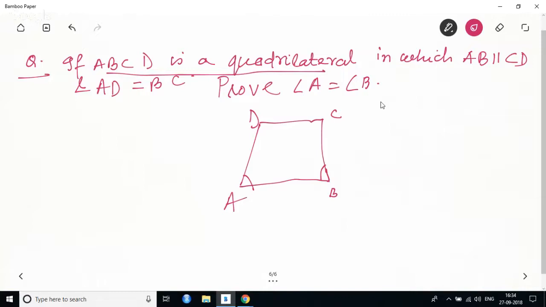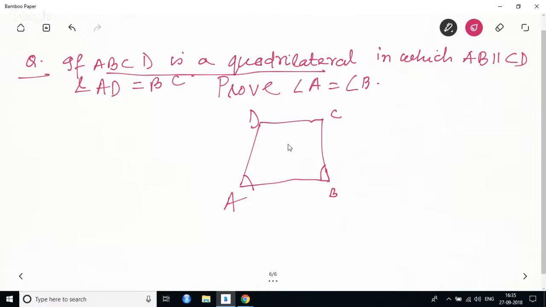Now, how do you prove two angles are equal? Do we need to prove that? I mean, in this particular question, I don't think there is a need to think about congruency or something else. Why? Because in a quadrilateral the angles would add up to 360 degrees. So somehow you have to find the relationship between different angles. And how can we find that? So try to understand.